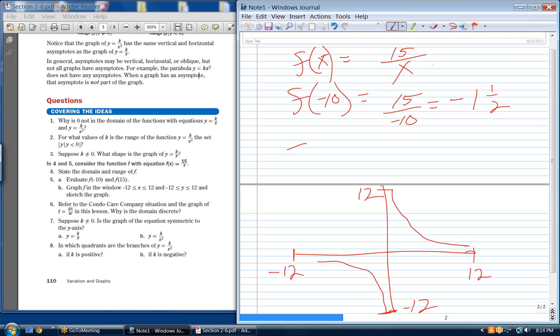Hit format. Format's above the zoom key. Okay.